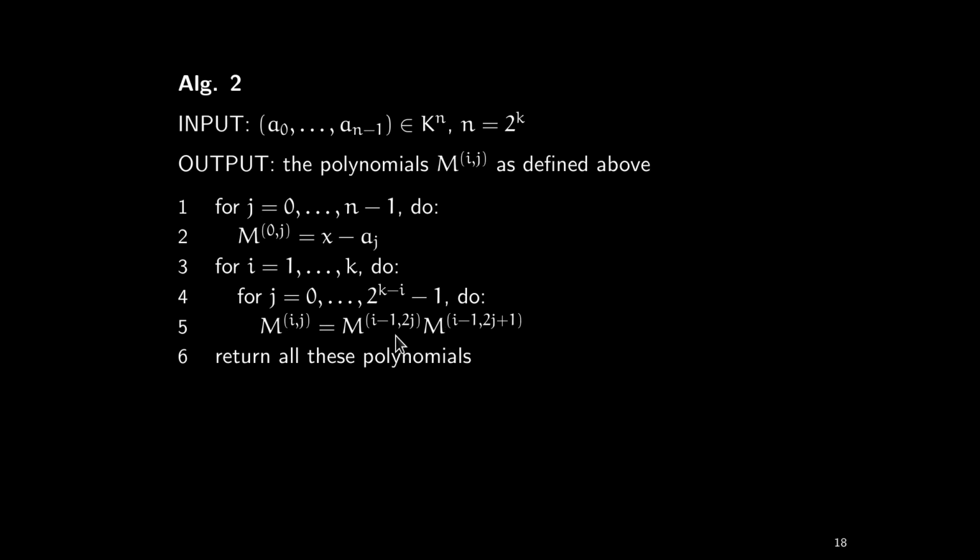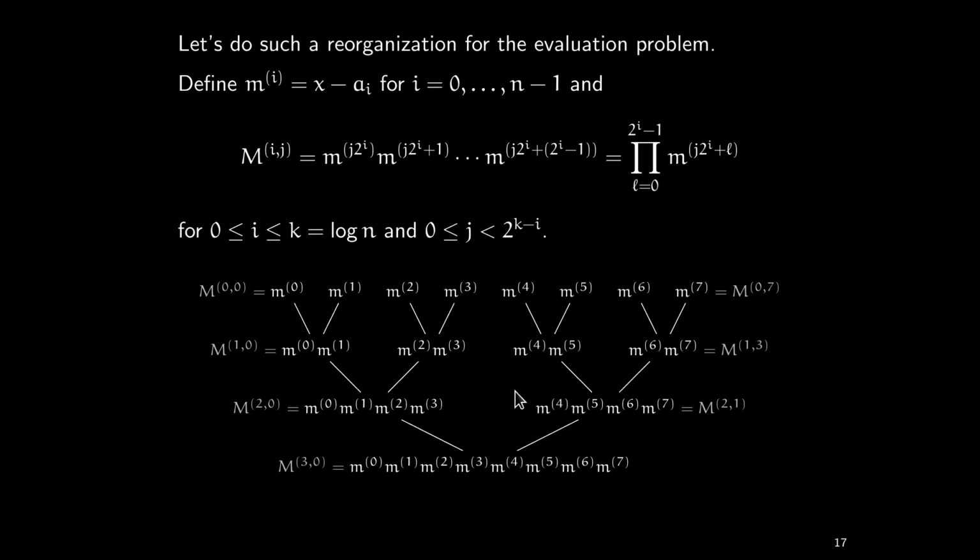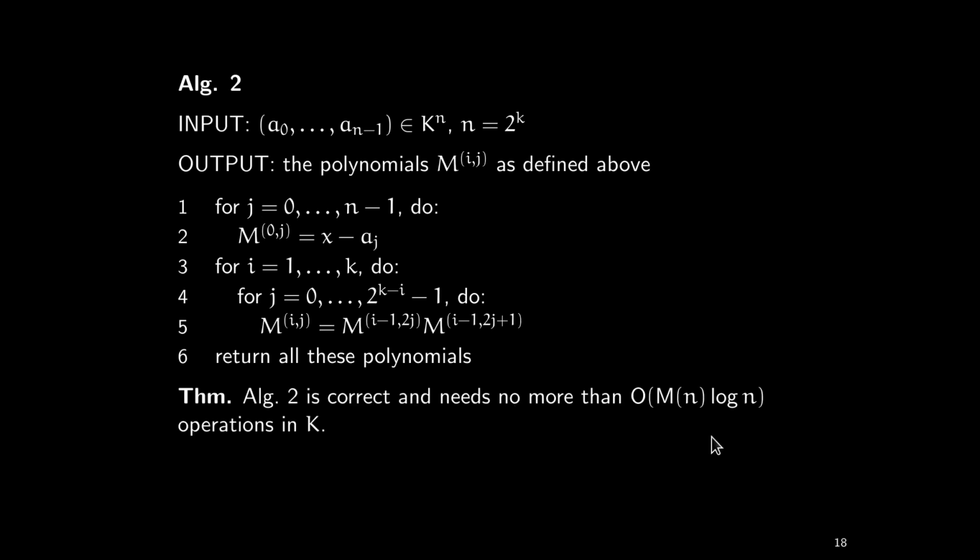Okay, that's it. So what does this cost? It doesn't cost much. It costs altogether just multiplication time of n times log n many operations in k. So the correctness of the algorithm is hopefully obvious if you keep this picture of this tree in mind. What we should check is that it really has this announced complexity.